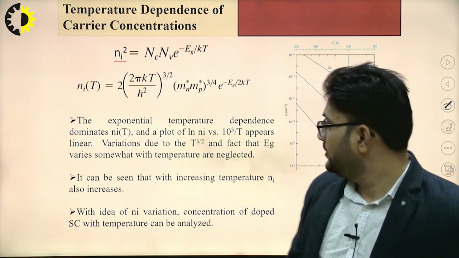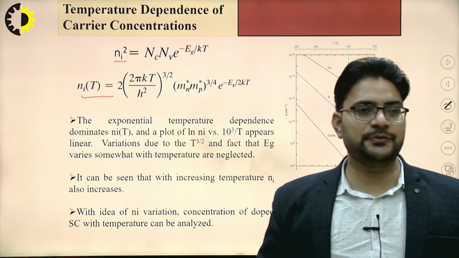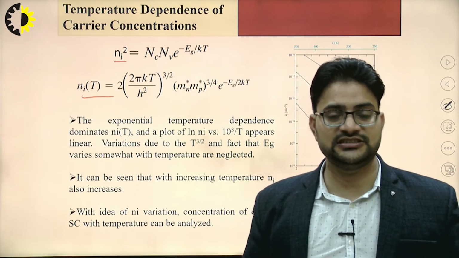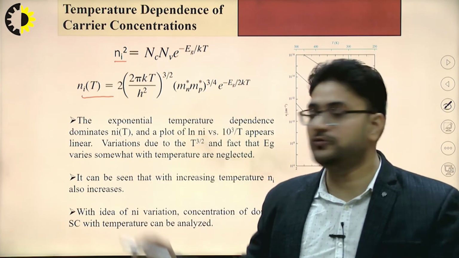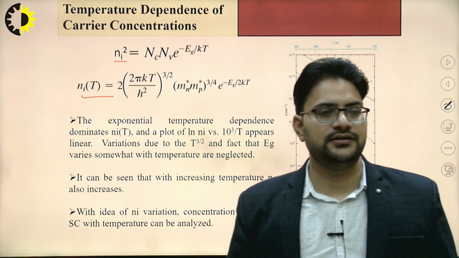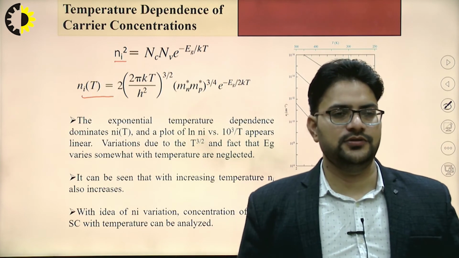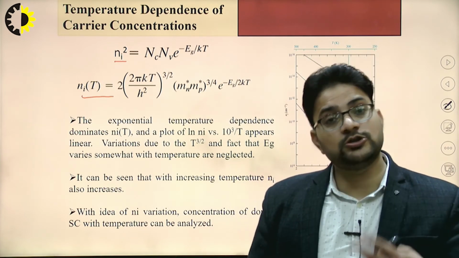Now this Ni is directly proportional to T raised to the power 3 by 2. This is the overall summary that I can draw from this mathematical expression. So we can postulate that with the increase in temperature, Ni will also increase.